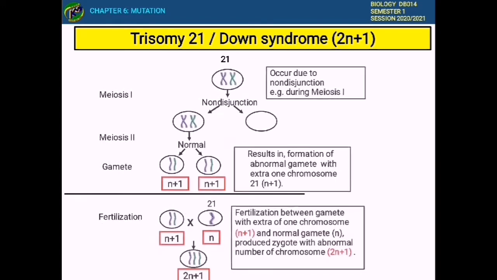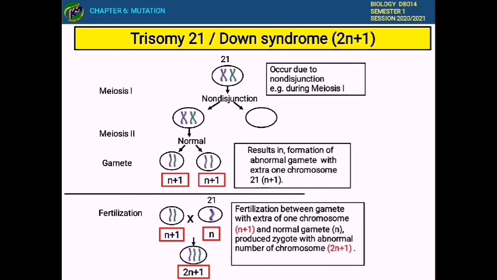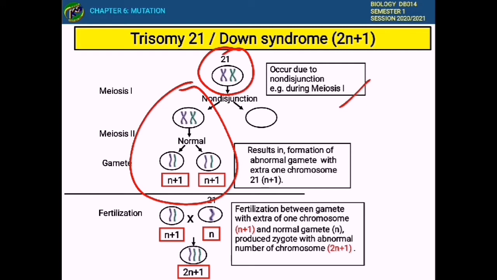Here also, non-disjunction occurs during meiosis 1. We're going to discuss this part because it will produce n plus 1. Here is chromosome number 21. There are 2 chromosomes. So during meiosis 1, these cells receive 2 chromosomes.